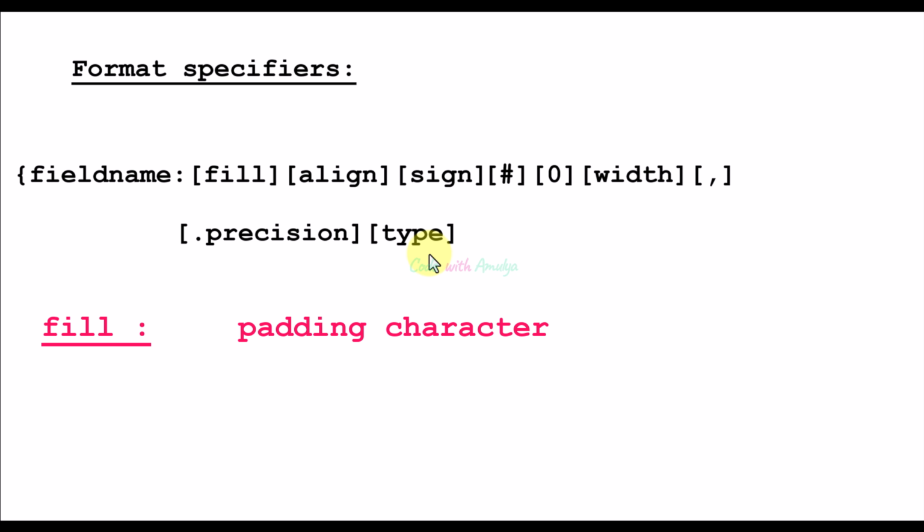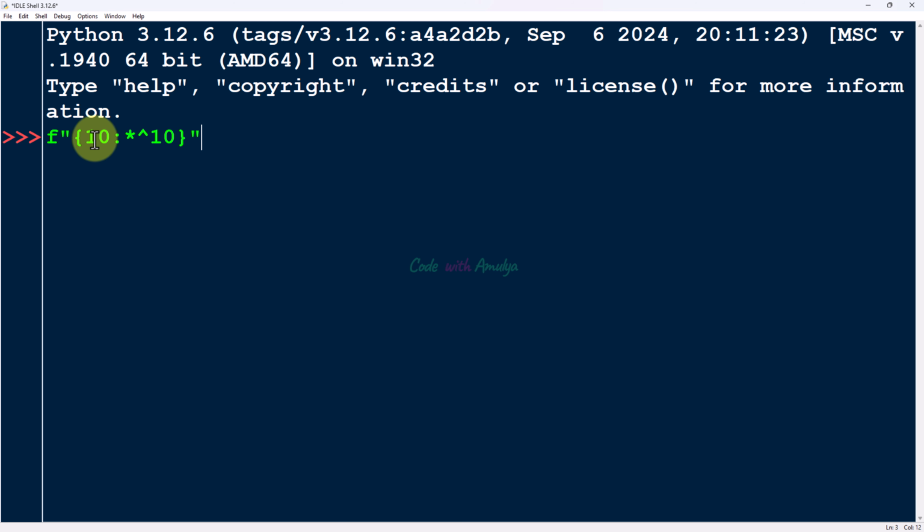Next, let's take a few examples. Here I'll take the value 10, an integer. Next, I'll use this filling character, that is star. Then we need to use the alignment field with that, so I'll use center alignment. And I'll take width as 10. Let's enter this. Here you can see the output. Now what if I don't use the alignment field?